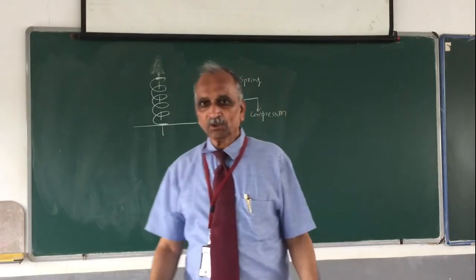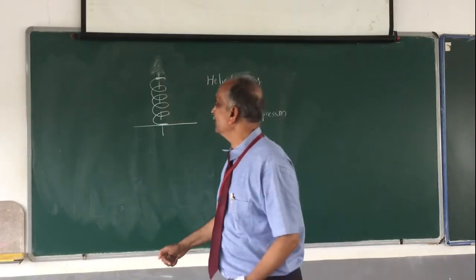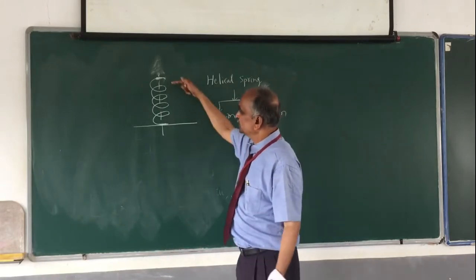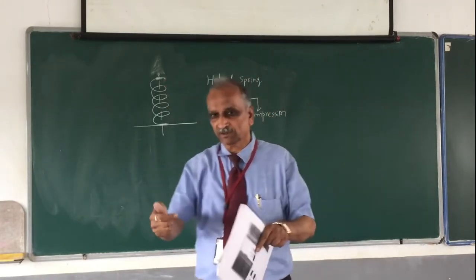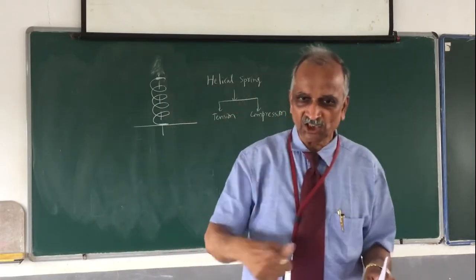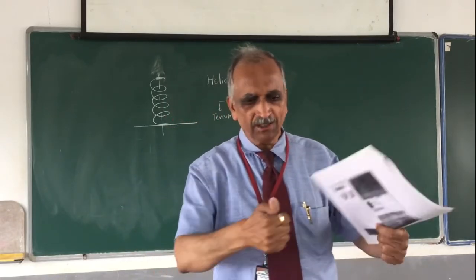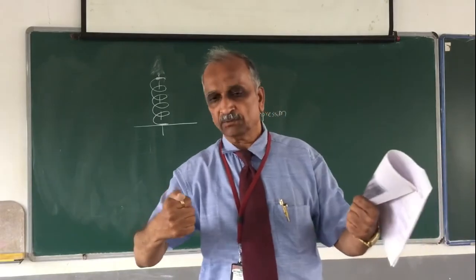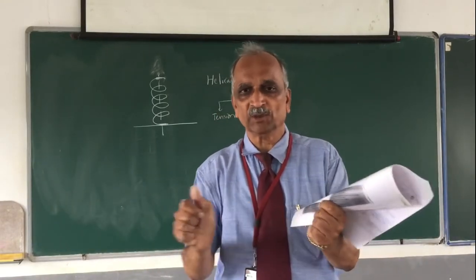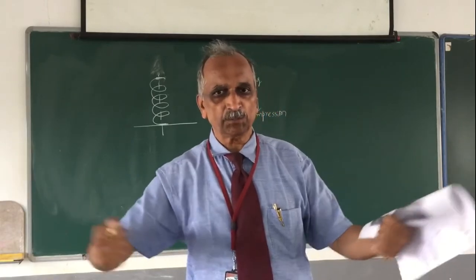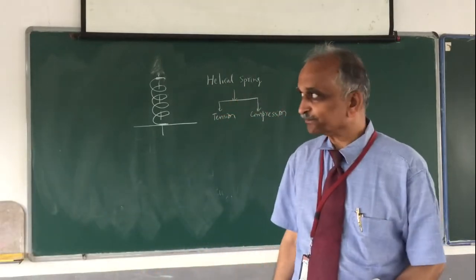In a tension spring, the distance between the two coils is very small, the coils almost touch each other, and when you apply tensile force, the distance between the two coils will increase. That is how the displacement of the spring takes place.